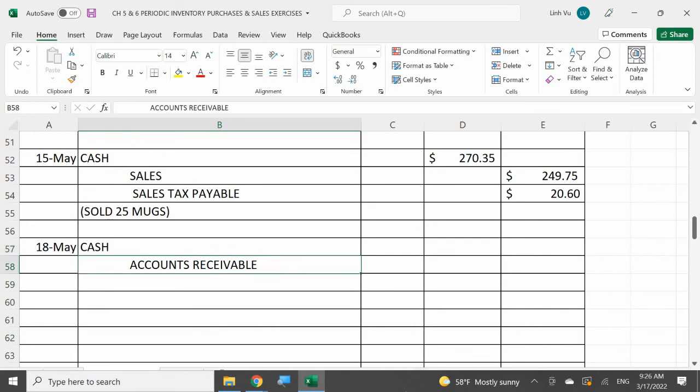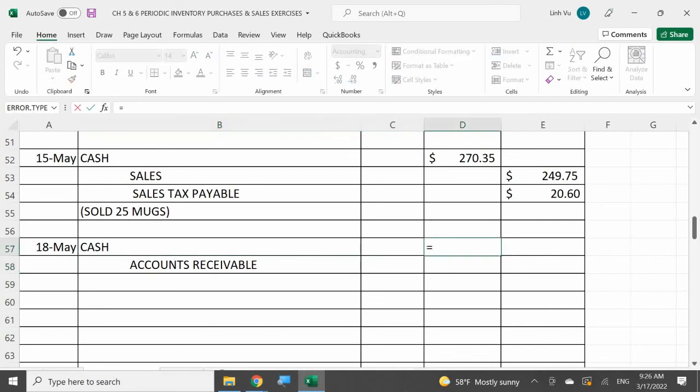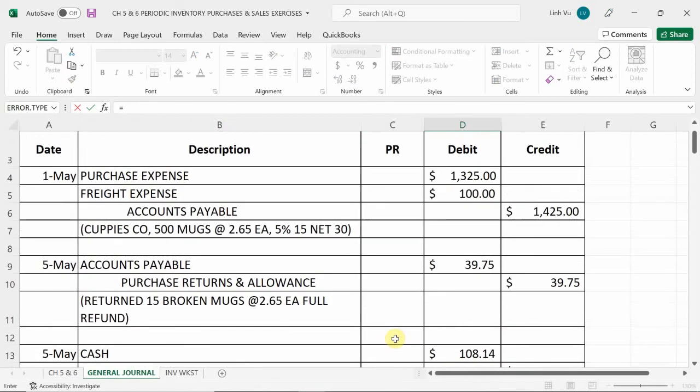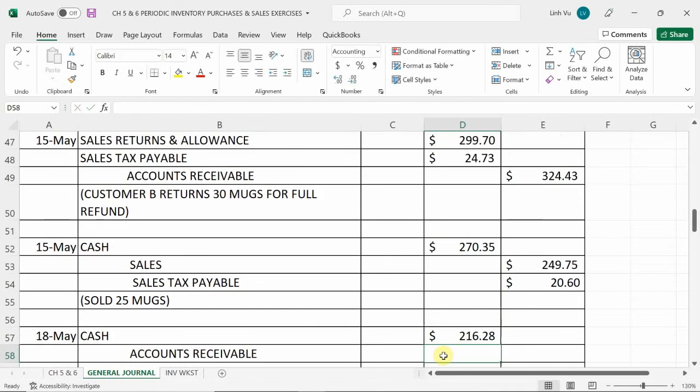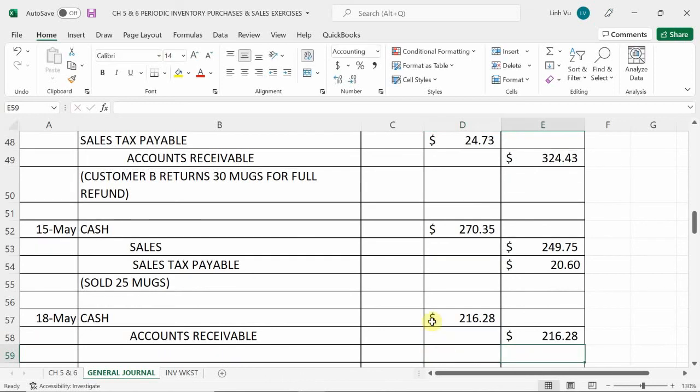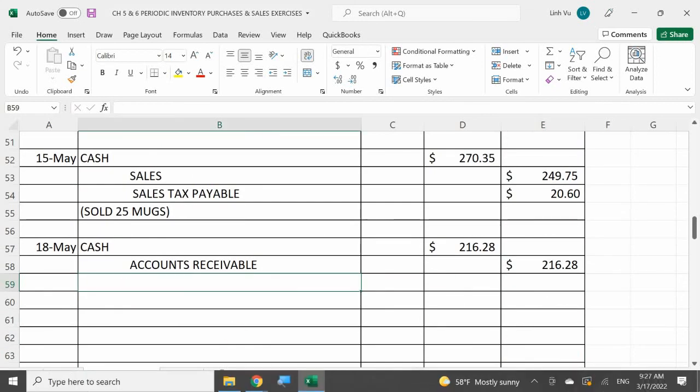Okay. So in this case, let's see, what was the total amount again on May 6th? May 6th accounts receivable was $216.28. Okay. And now I need to make a note here that customer A paid in full, and that's it.